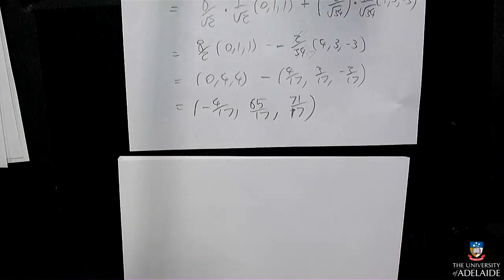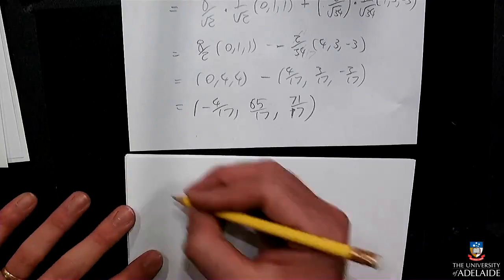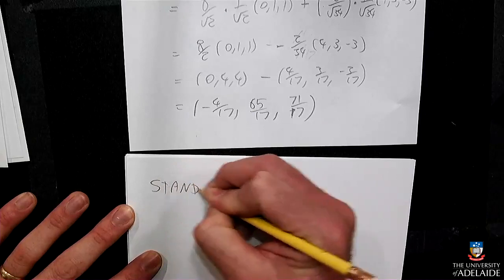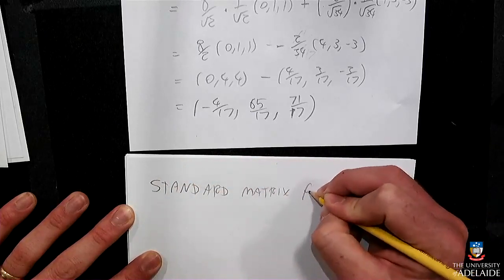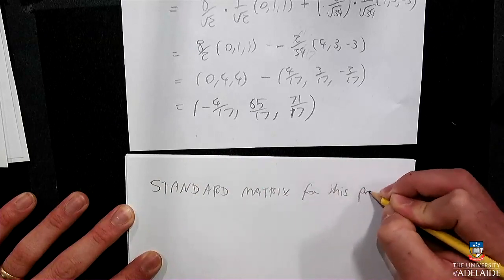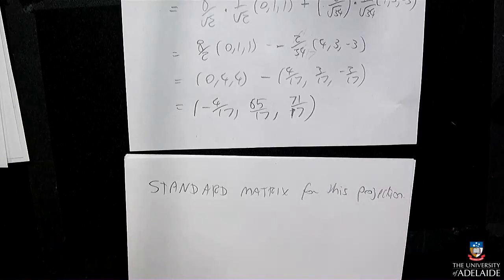But we could actually figure out a matrix for this without having to do any of that work, because the standard matrix of any linear transformation has as its columns what you get when you do the operation on the standard basis. So if I wanted to find the standard matrix for this, all I would need to do is figure out what the projection is of the 3 standard basis vectors, and that will be the columns of my matrix.